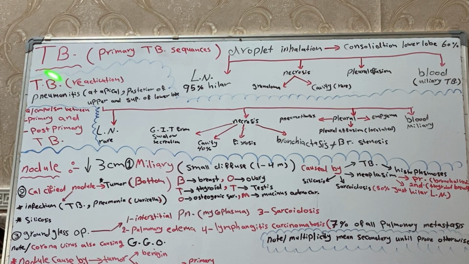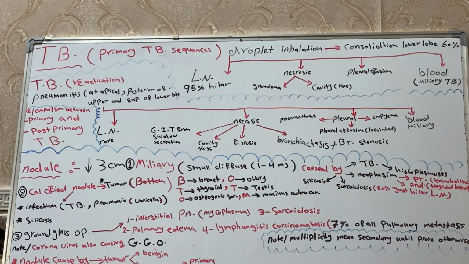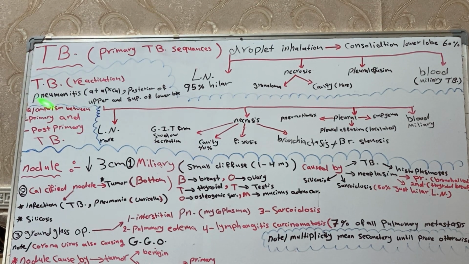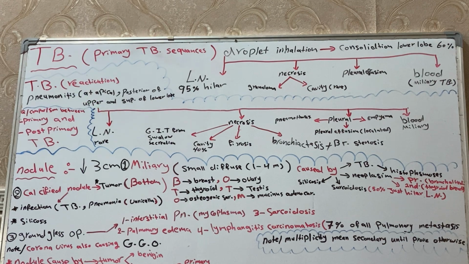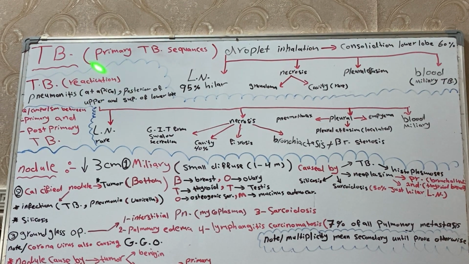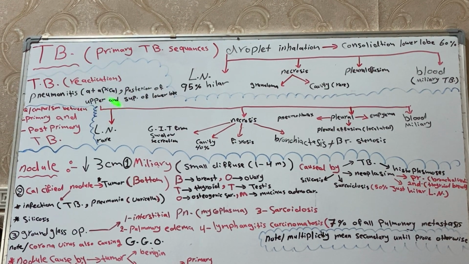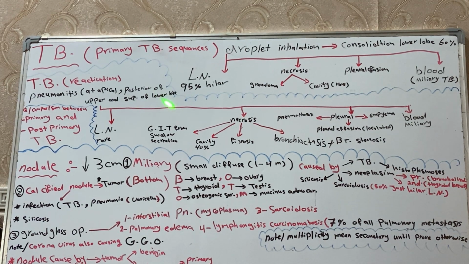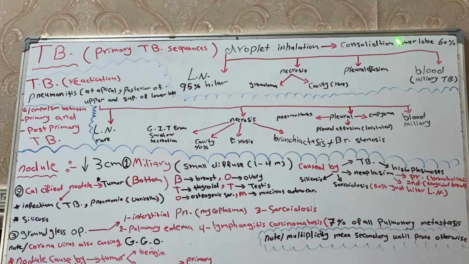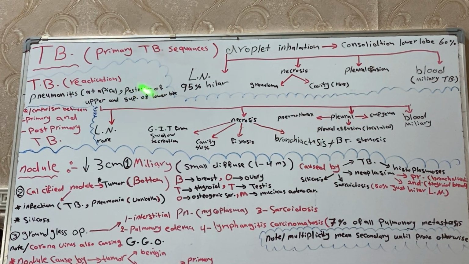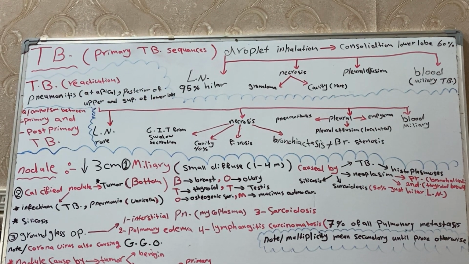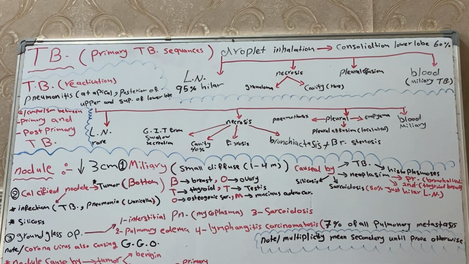What about the reactivation TB? Pneumonitis, which is atypical, at the apical and posterior segments of the upper lobe and superior segment of the lower lobe.